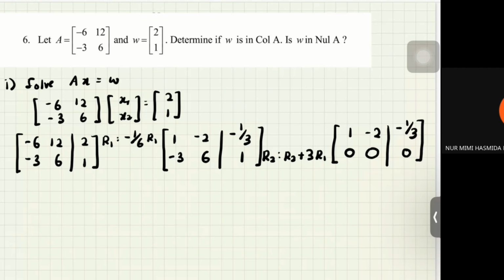If you get an all-0 row in your matrix, it means that this system has infinitely many solutions. So if your system has a solution, it means that W is in the column space of A.